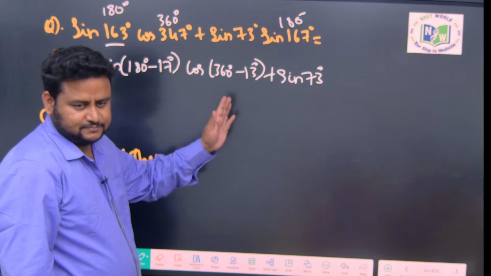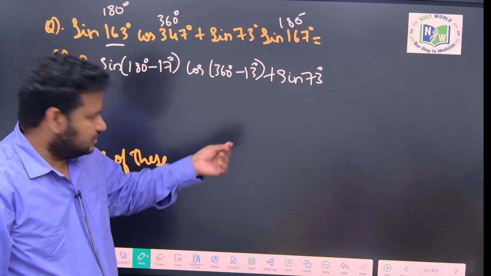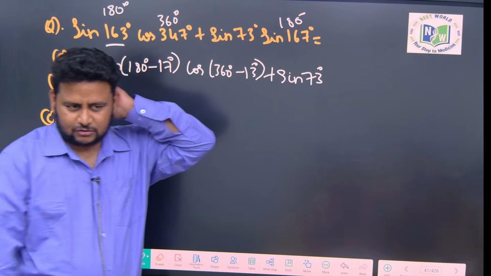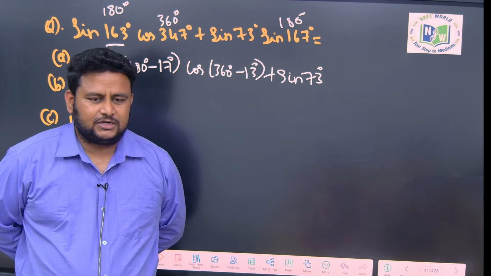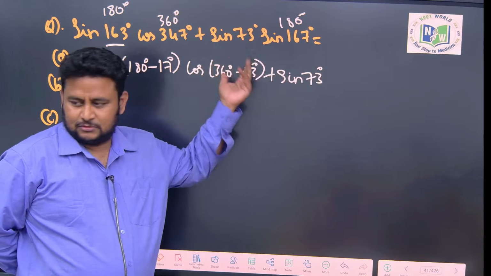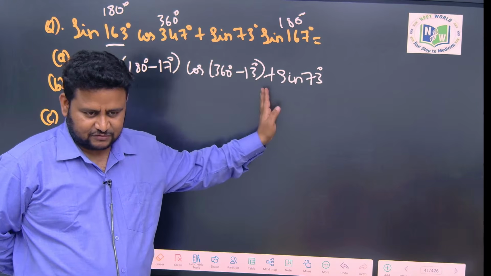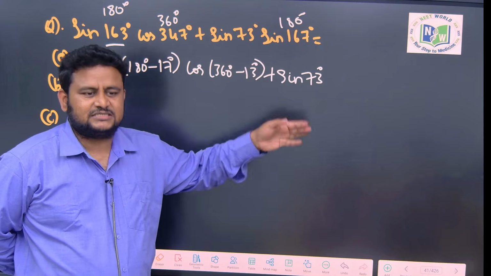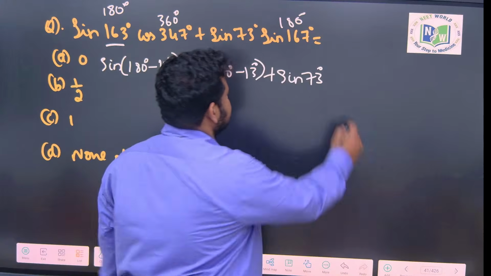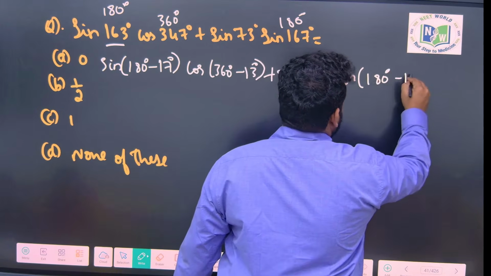We are talking about pi by 2 into odd multiple or even multiple. The chart which I told is about pi by 2 into odd multiple or even multiple. Here the value itself is less than pi by 2, so keep it as it is. Sin 73, keep it as it is, because it is less than pi by 2. Then 167 can be written as sin 180 minus 13 degree.